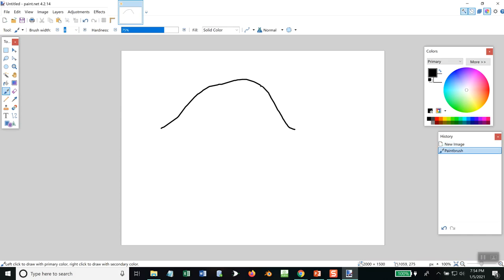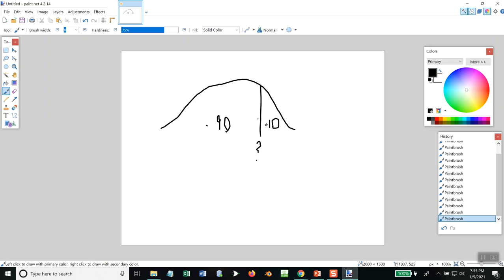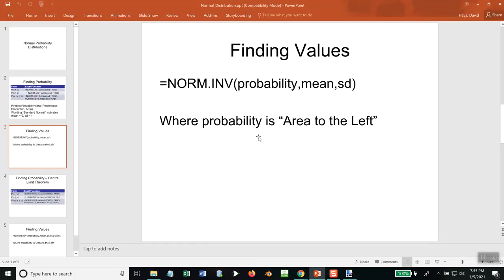Okay. So if we say that's 10% there, then this has to be 90% because it all has to add up to 100%. This is in decimal form. And this is the value we're trying to find. The value separates the top 10% from the rest, and our function is based upon the area to the left.